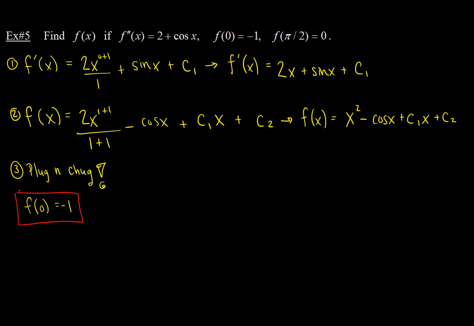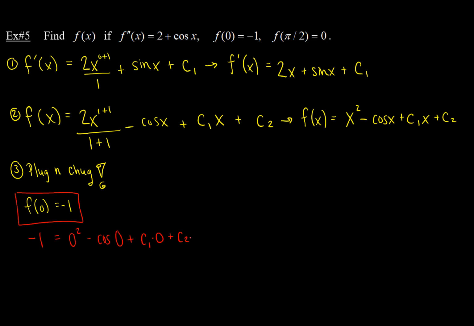So I've got my original function, f. The output is -1. The input is 0, so I'm ending up with 0 squared minus cosine of 0 plus c sub 1 times 0 plus c sub 2.